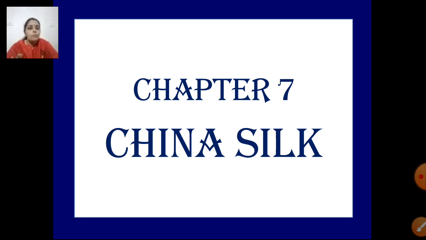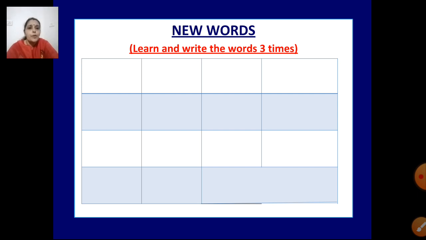Okay, before we start with the lesson, as usual, we are going to learn the new words that come in the lesson. Okay, so children, you're going to take out your rough book. Yes, note down the words that I'm saying. You're going to repeat it after me also, and then later on, after the class is over, you're going to learn these words and write them 3 times in your rough book.